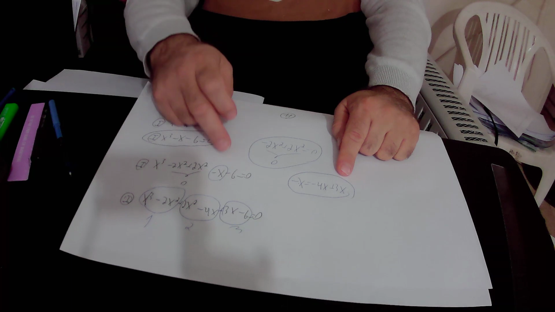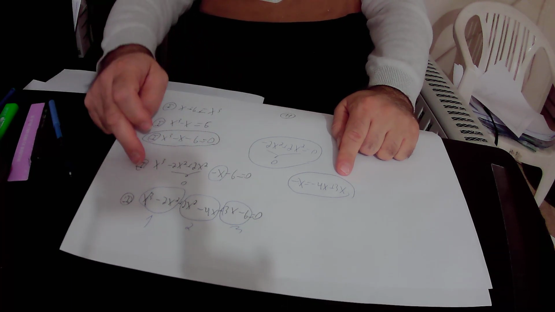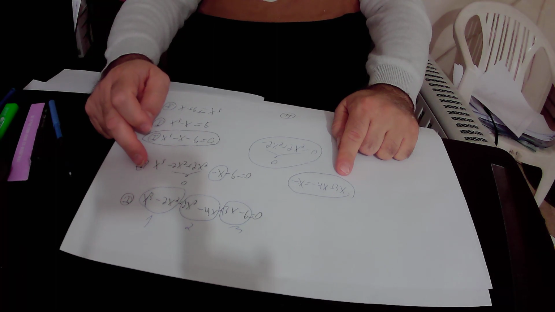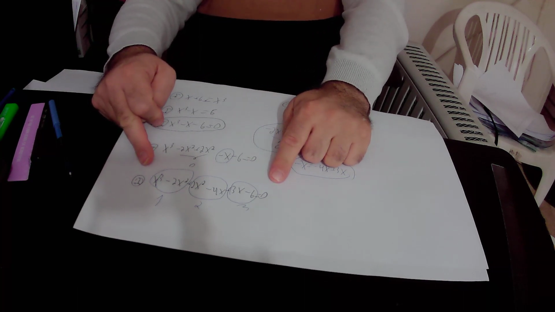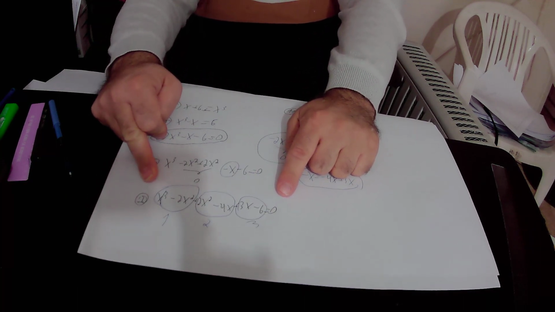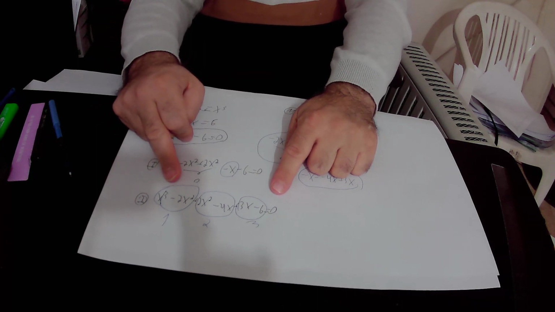After we substituted, we got this expression. Then we divided this expression into 3 parts, and we got a common factor from each part.